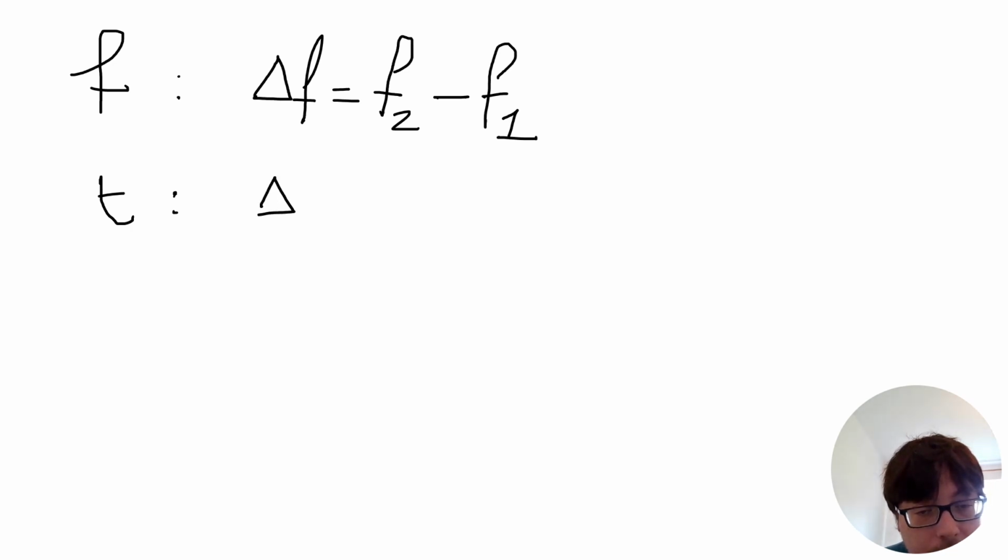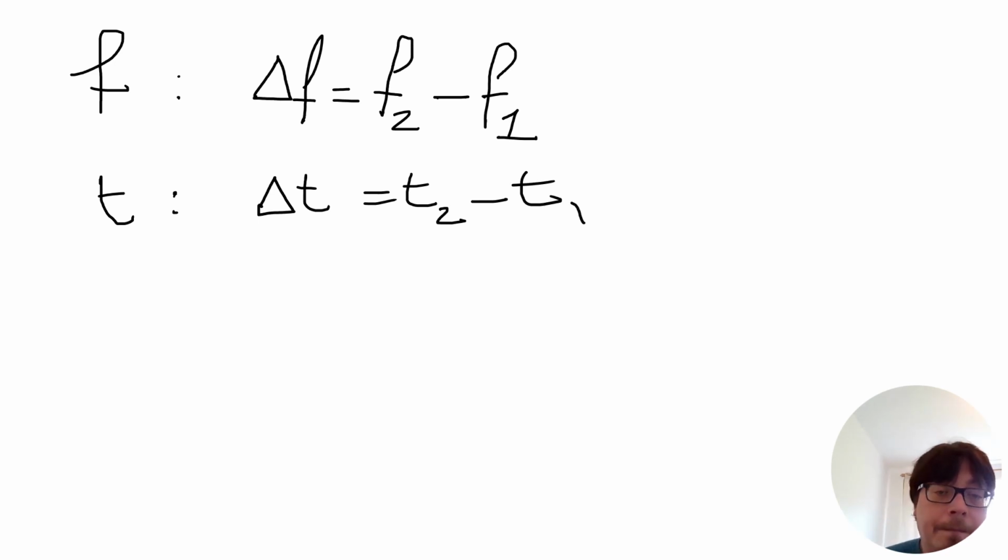So we can do the same thing. We can say delta t is equal to, let's pick the same label, not to complicate our lives, t2 minus t1. This means that we are thinking about the variation of two quantities that don't have to be the same, but let's say with some connection between the two.